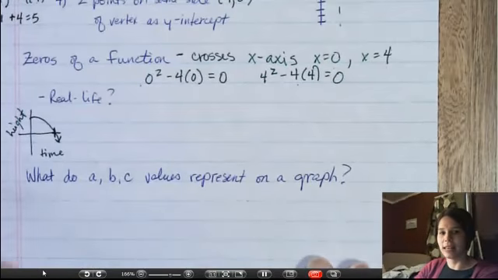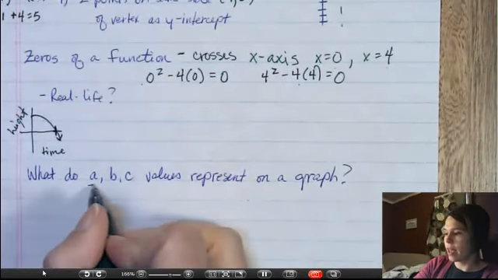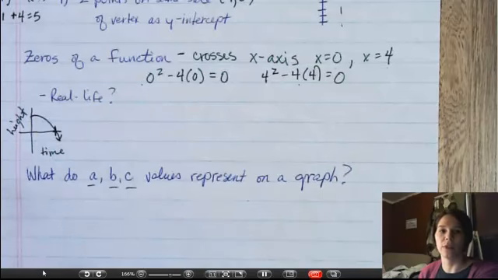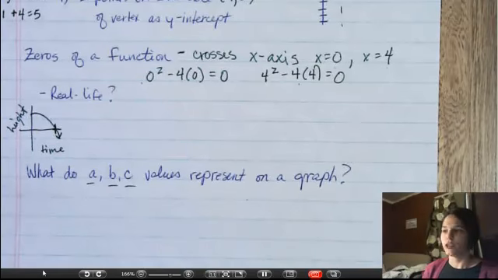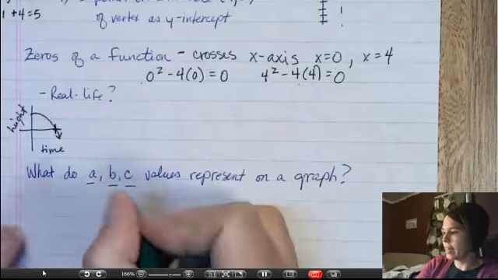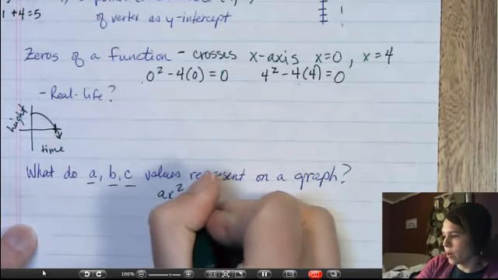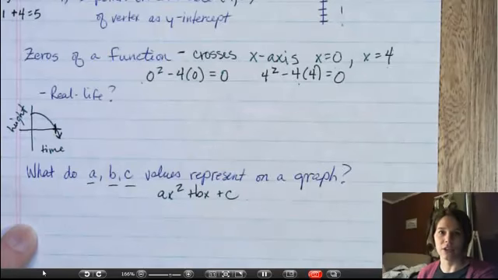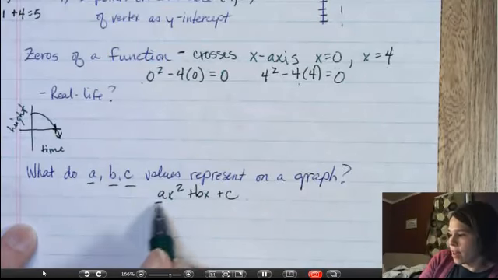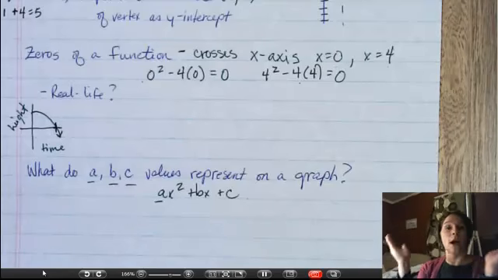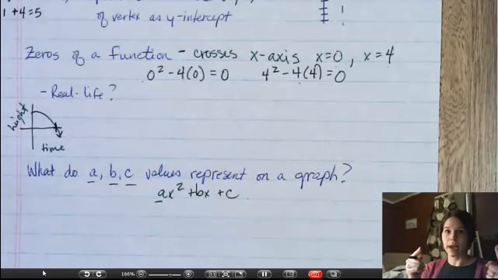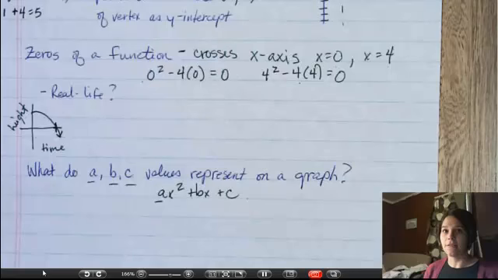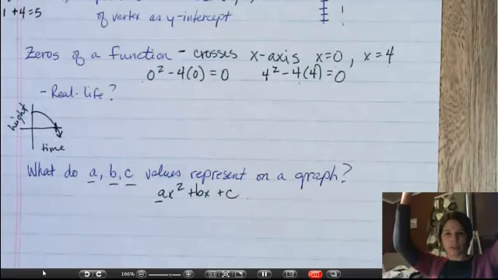Okay, and the last thing that we have to talk about is what do the A, B, and C values represent on a graph. So if I have my quadratic and I'm looking at it in the form of ax squared plus bx plus c, how do these values change my graph? The A value tells me how narrow or how wide it is. Remember, it's backwards thinking. A big A value makes it grow really quickly and makes it really skinny.